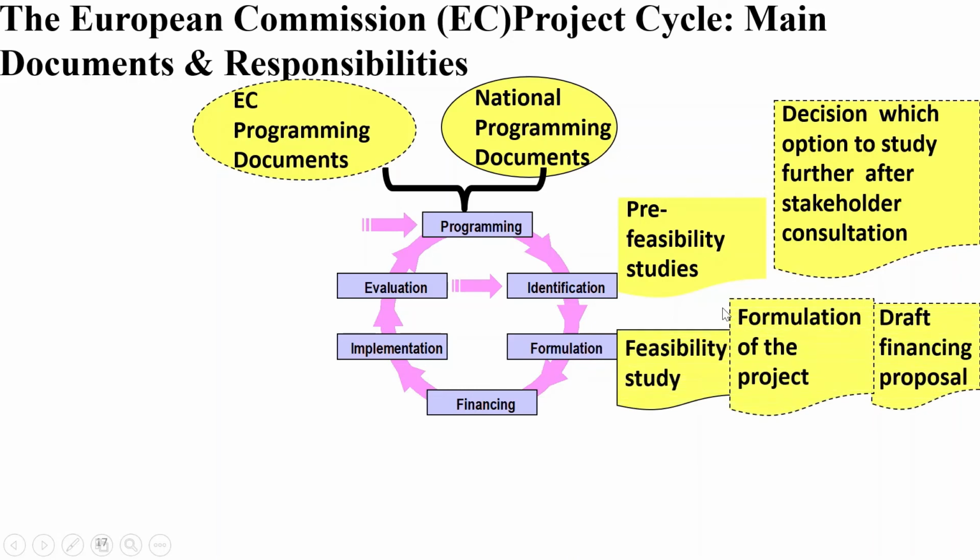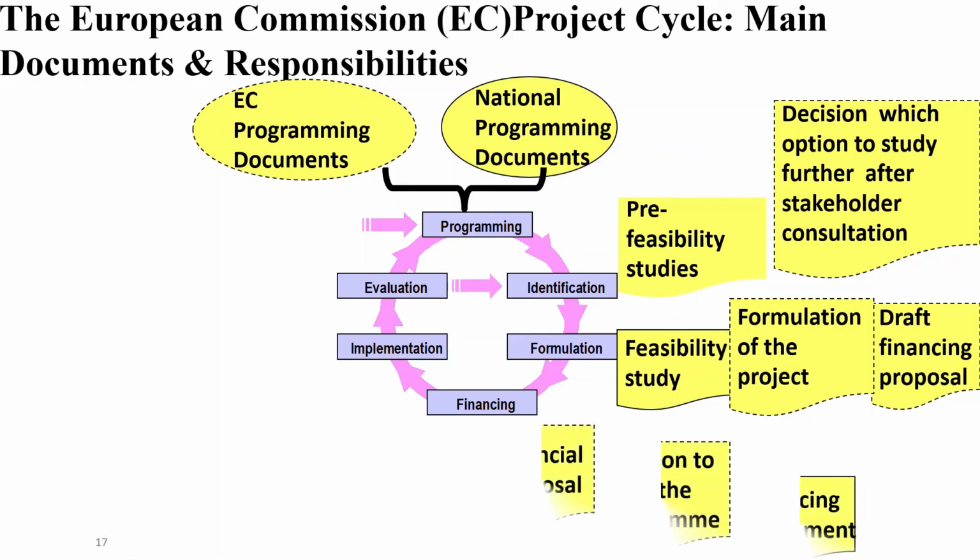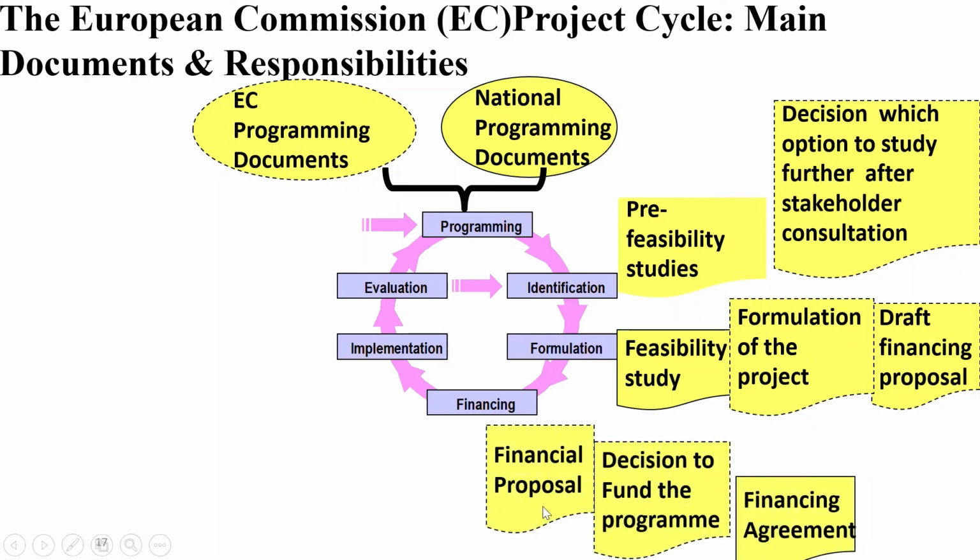And then we come to formulation. From the pre-feasibility study, there is now a feasibility study and the formulation of the project, and then the draft financing proposal. And then the financing itself comes: the financial proposal, decision to fund the program, and financing agreement.